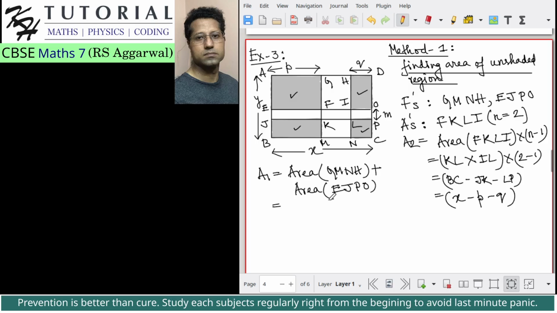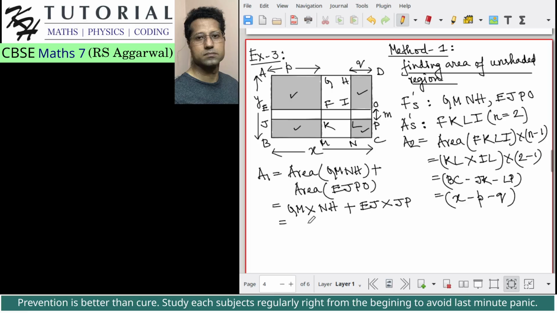The area of rectangle GMNH will be GM multiplied by NH, and the area of the rectangle EJPO will be EJ multiplied by JP. What is GM?